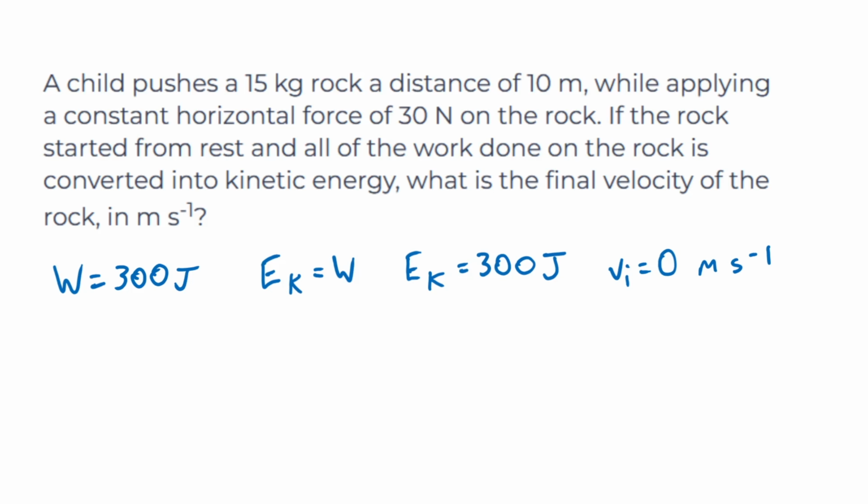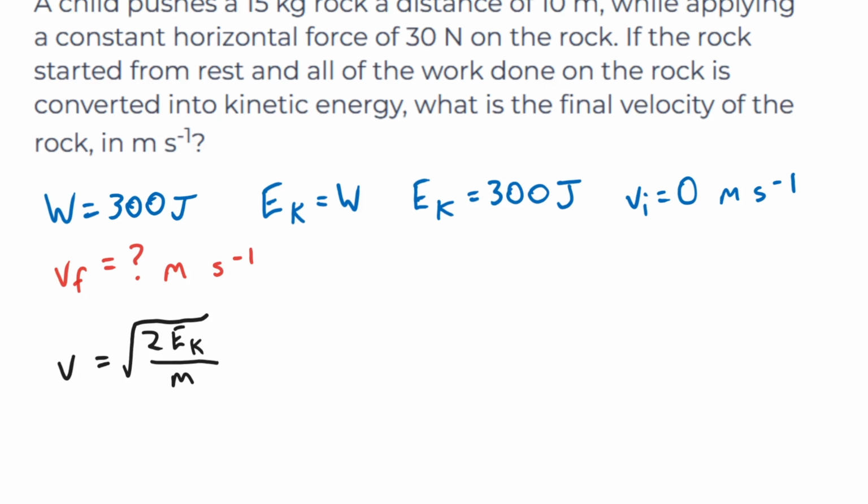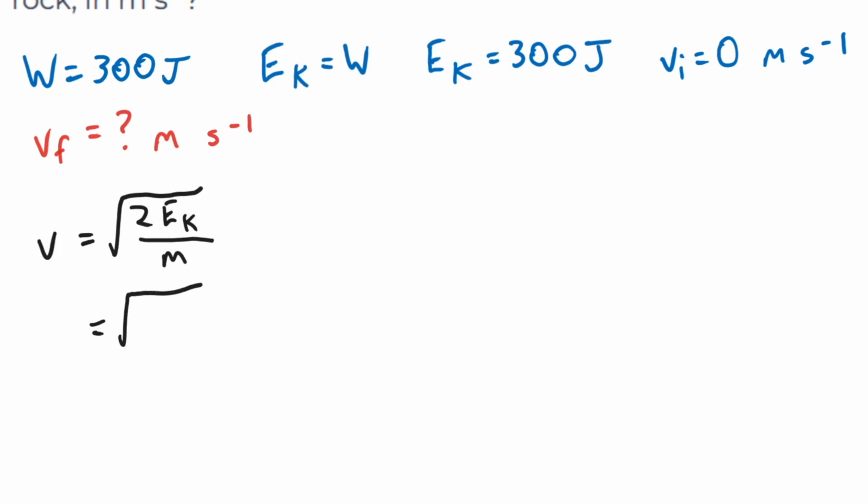We have been asked to find the velocity of the rock, so final velocity equals question mark in meters per second. We can use the kinetic energy equation rearranged for velocity. So v equals square root of 2 times kinetic energy over mass. If we put the values in, then v equals square root of 2 times 300 over 15.